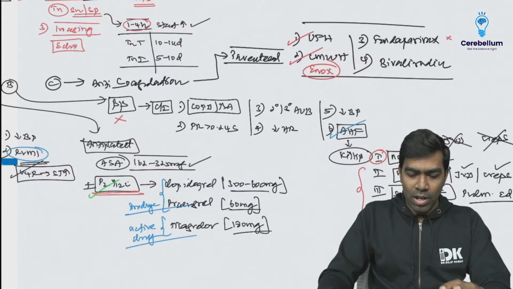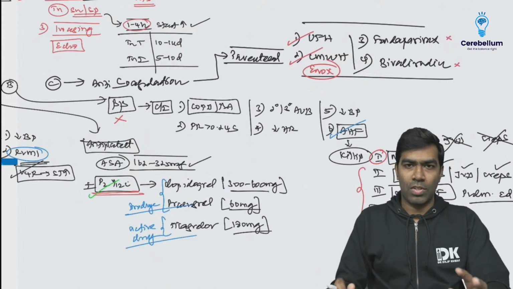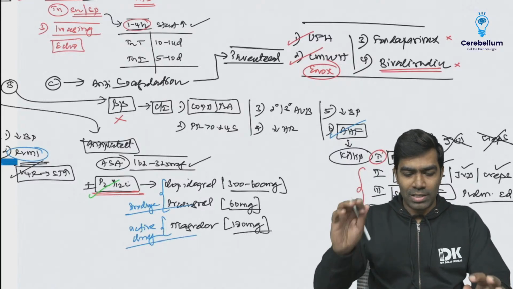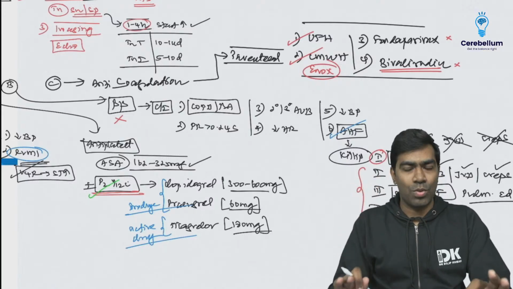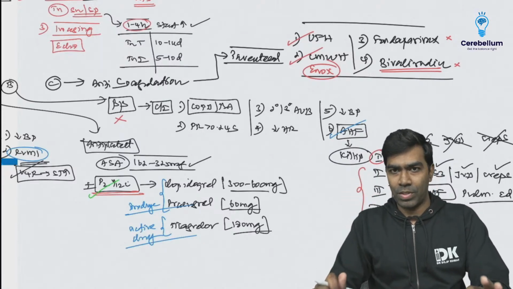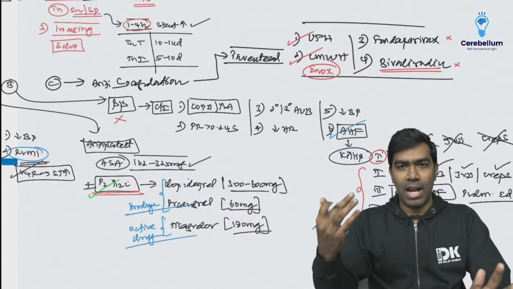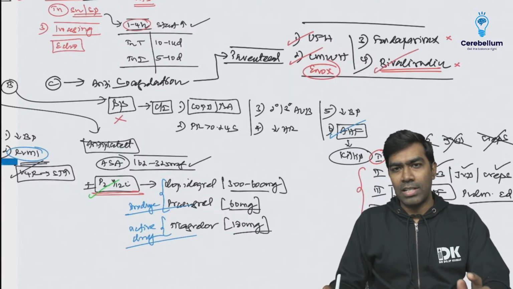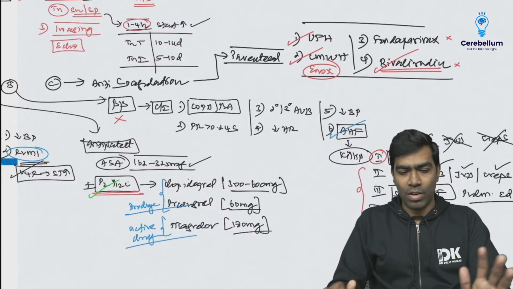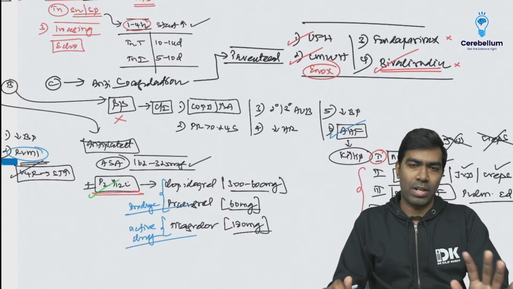Fondaparinux and bivalirudin are very rarely used drugs. In that, bivalirudin should be given as a continuous IV infusion, so it will usually be given inside the cath lab. Many times when you can't give any other anticoagulation, and if it's an urgency inside the cath lab, you can give it as a continuous infusion. For that only you are going to use bivalirudin. Otherwise, I'm not going to use bivalirudin.